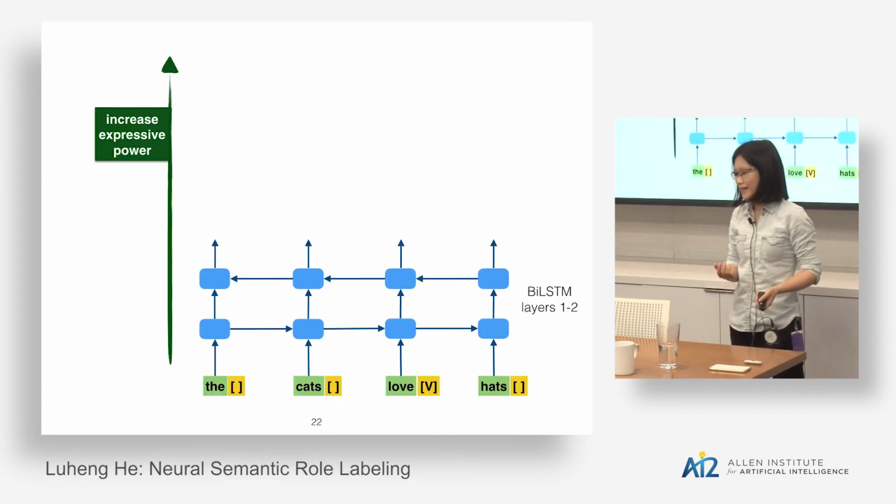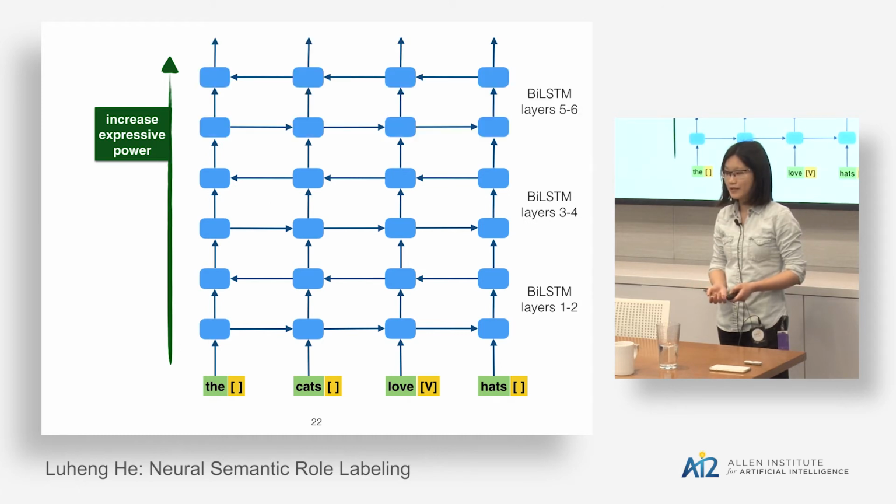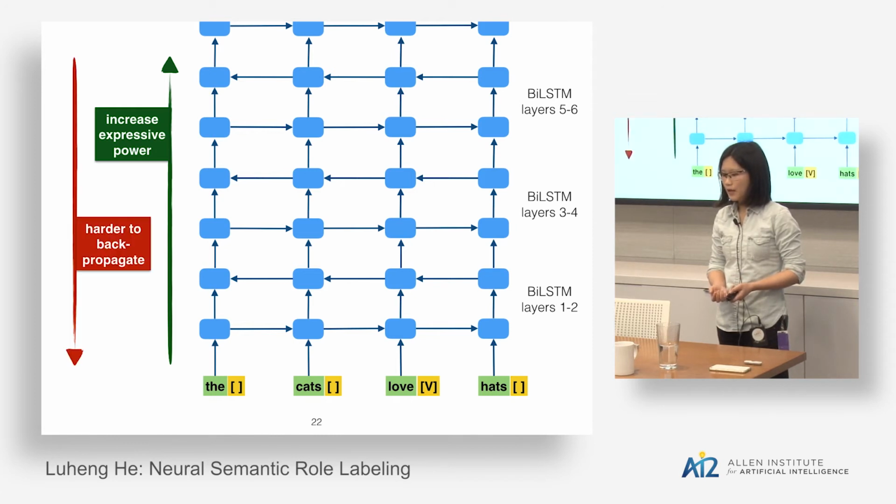Following the same idea, we stacked multiple BiLSTM layers on top. This greatly increases the expressive power of the model. However, it makes it harder to train because each layer has its nonlinear function, and when we backpropagate, we get the vanishing gradient problem.